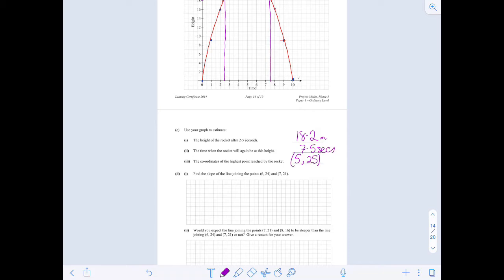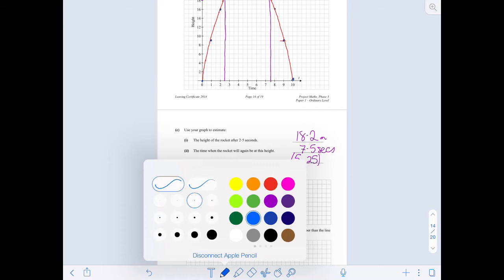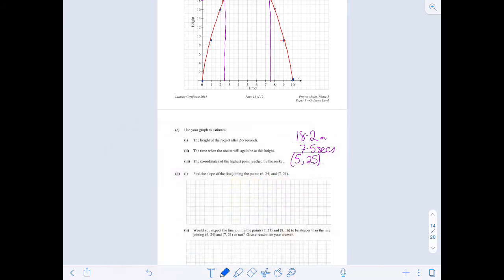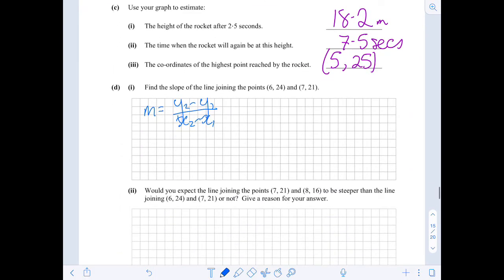So we know when we're talking about the slope of a line, we're going to use the formula. My pen is a bit fat there, I'm going to go back a little bit, okay. So we're going to use the formula m is equal to y2 minus y1 all over x2 minus x1. So I'm going to use that formula on these 2 points here, and that's my x1, y1, x2, y2.